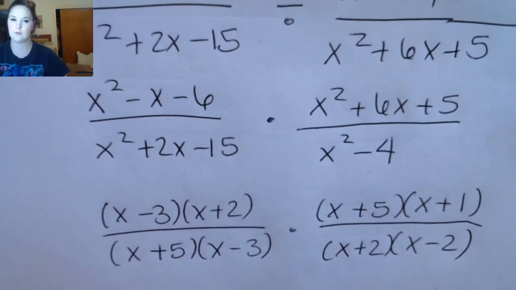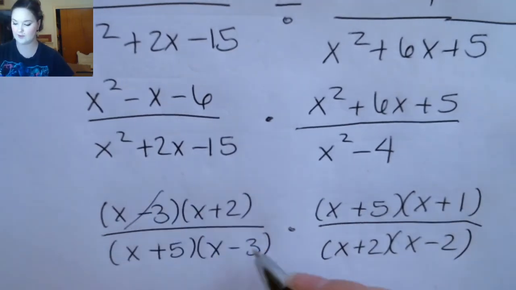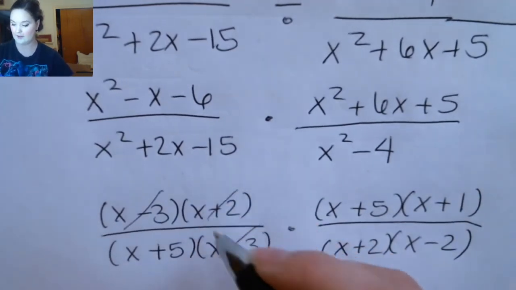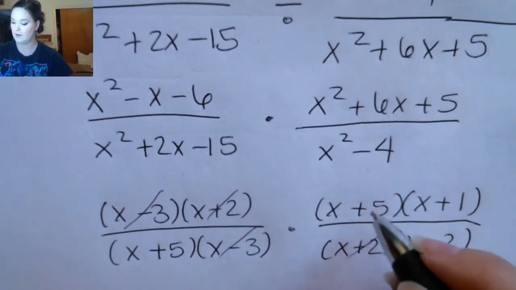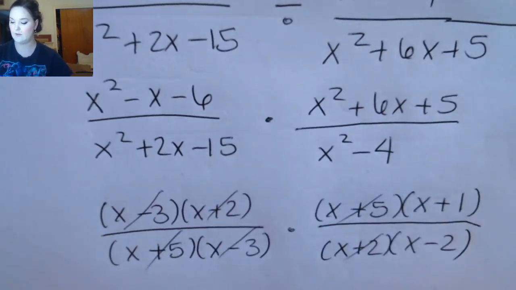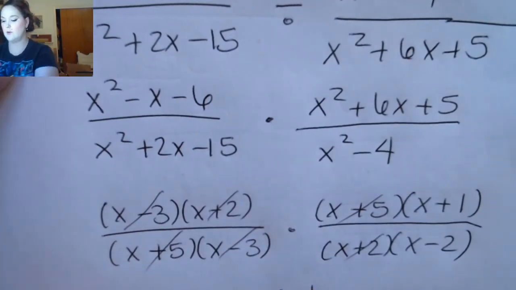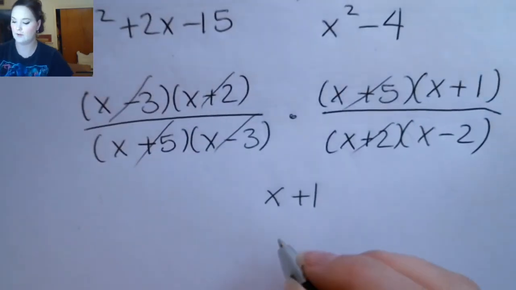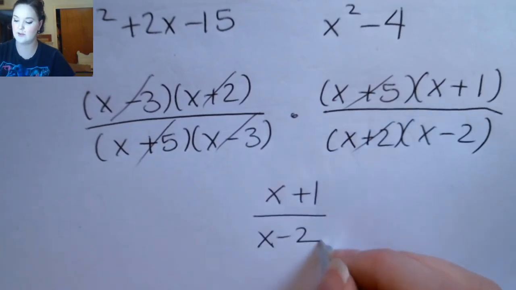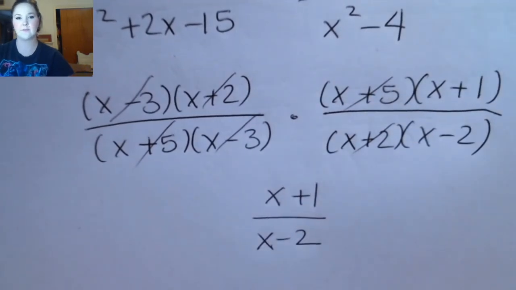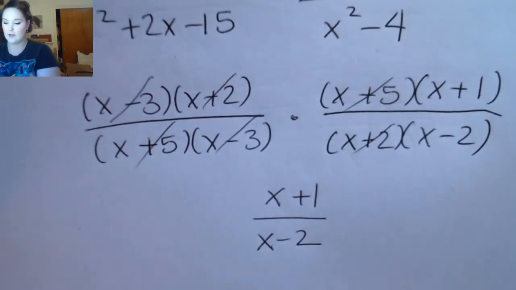And now we're going to look for common factors. So I have x minus 3, x minus 3, x plus 2, x plus 2, x plus 5, x plus 5. And all I'm left with is x plus 1 in the numerator and x minus 2 in the denominator. All right, let's do one more of these.